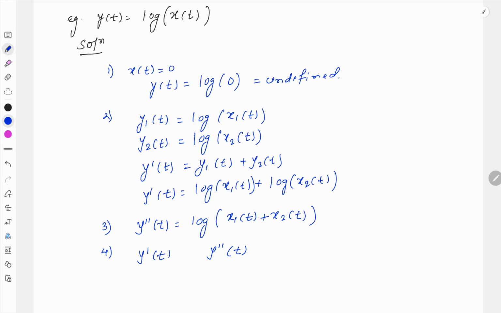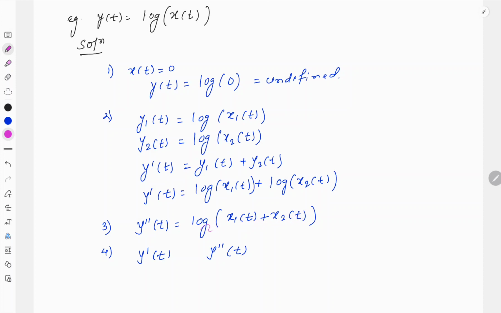If you look at this equation, y dash of t is log of x1 plus log of x2. And y double dash of t is log of x1 of t plus x2 of t.